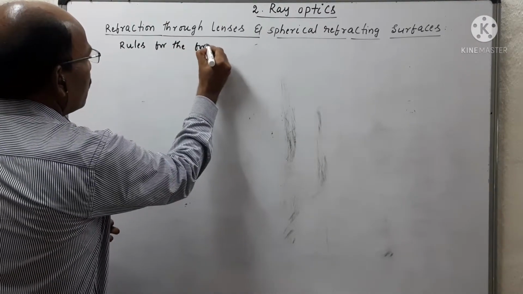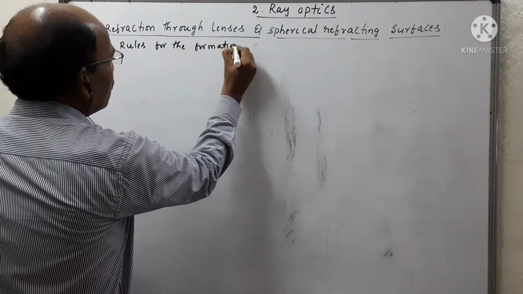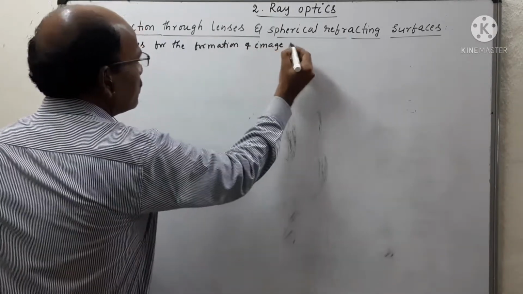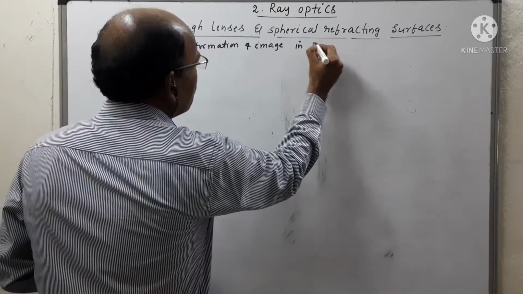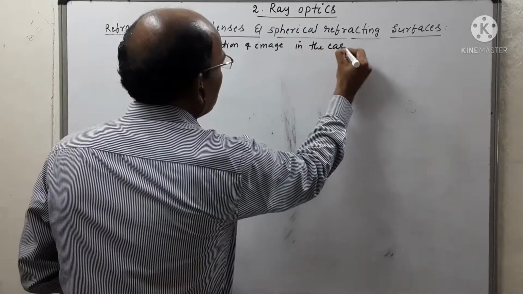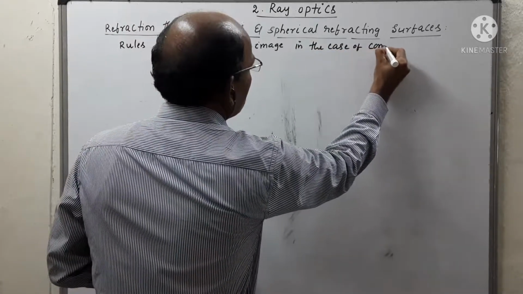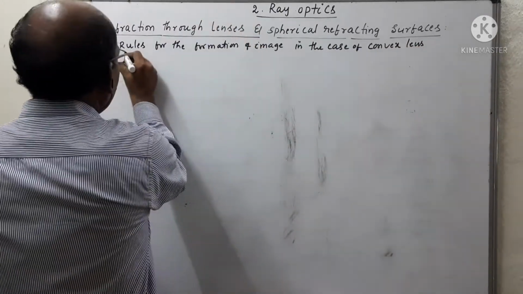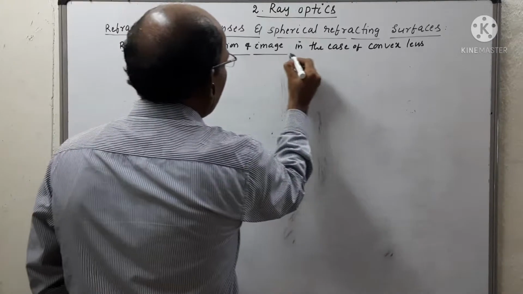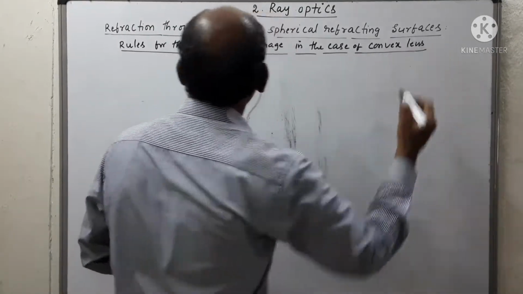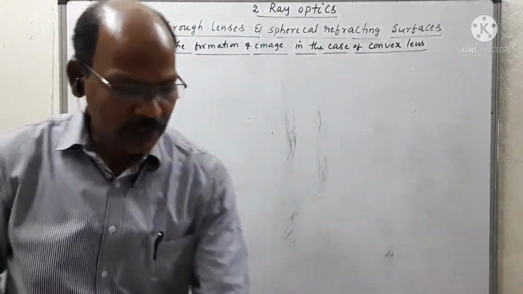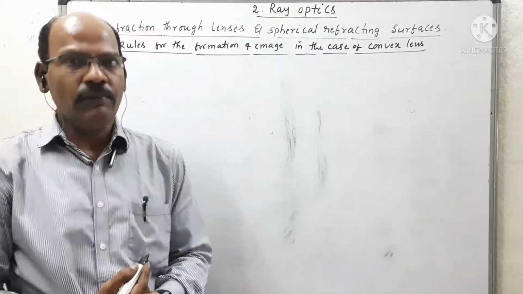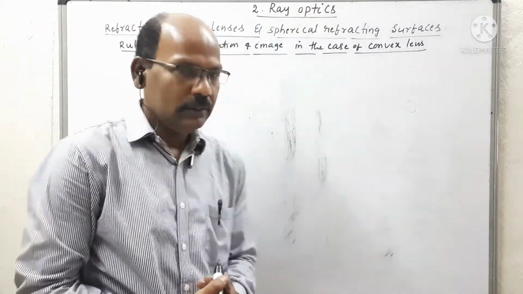For the formation of image in the case of convex lens, we can easily observe the nature of the image, similar to the case of concave mirror.